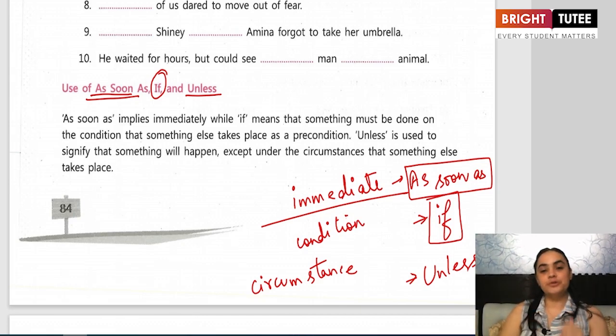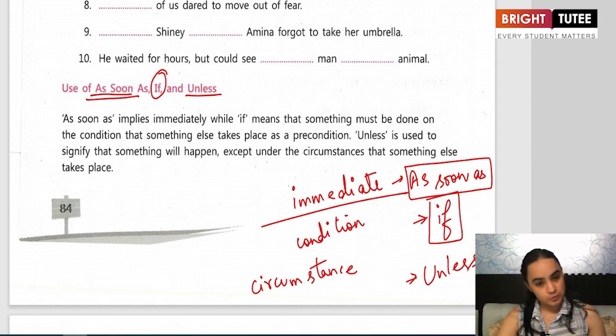Unless it stops raining, we will not play football. So, our playing football is dependent on what condition? The stopping of the rain. Unless my friend calls, I will not talk to her. So, I will not talk to my friend under what circumstance? Unless she calls me or she talks to me.